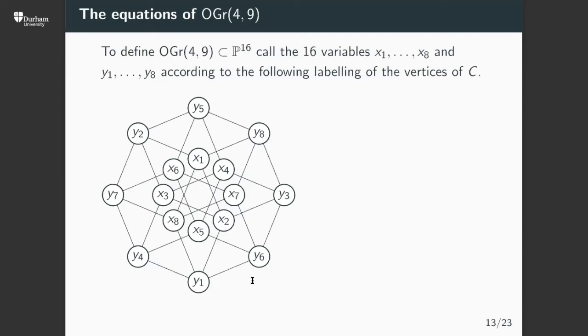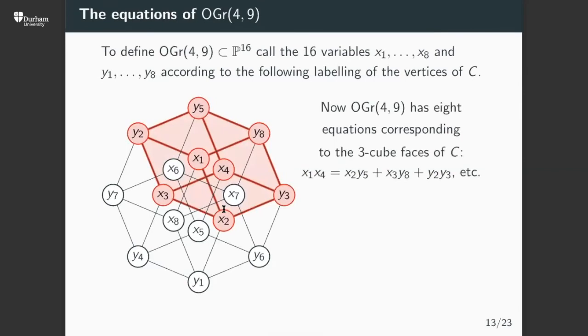So the numbering, as I rotate around by 1, the number jumps by 3. So it goes 1, 4, 7, 2, 5, 8, 3, 6, 1. And x1 is opposite y1, and x2 is opposite y2 in this picture. So they're antipodal vertices in this cube.